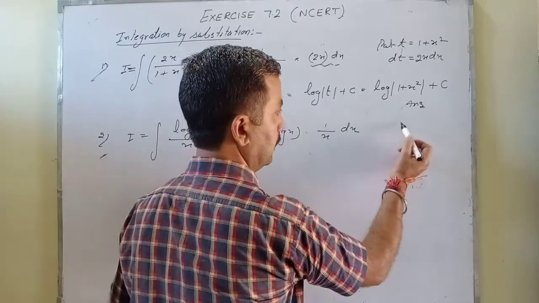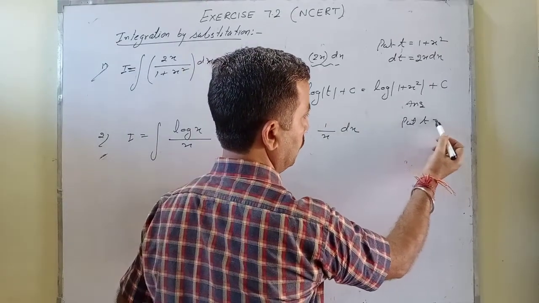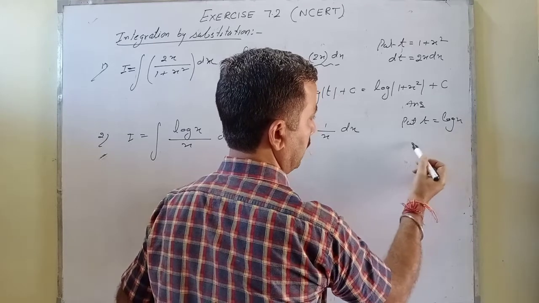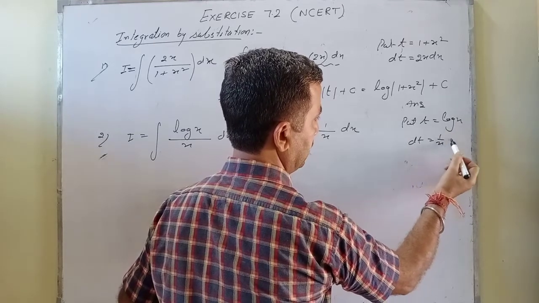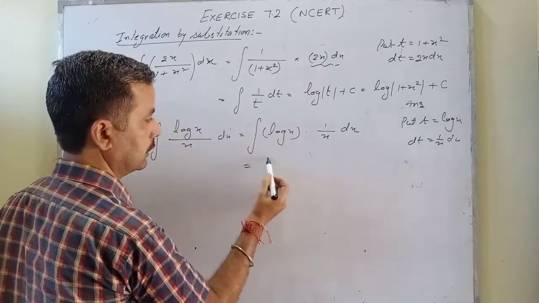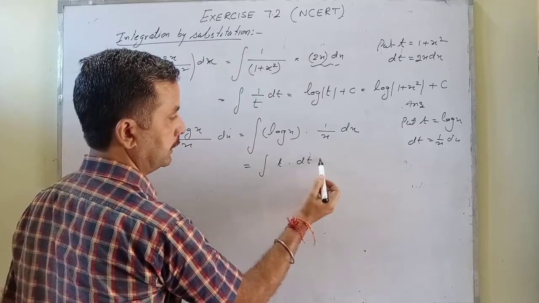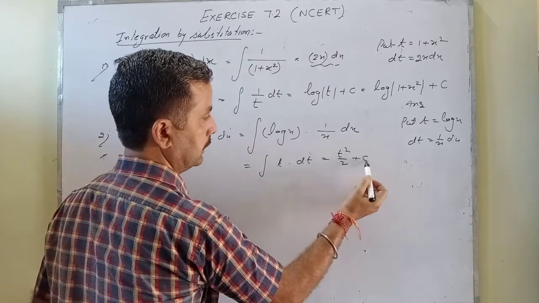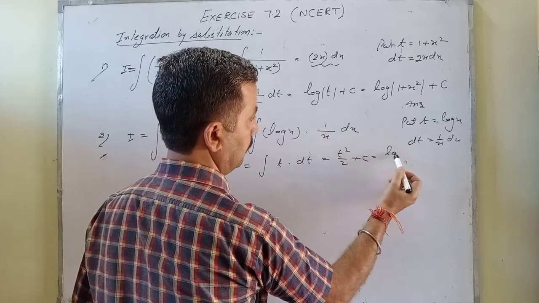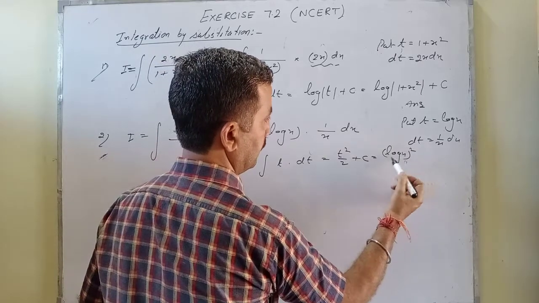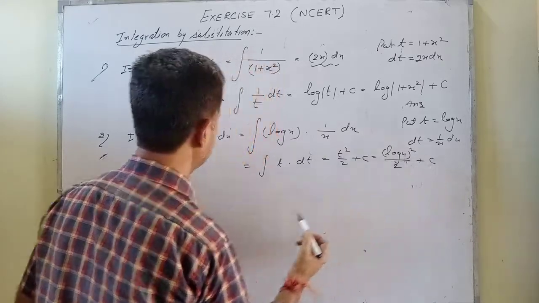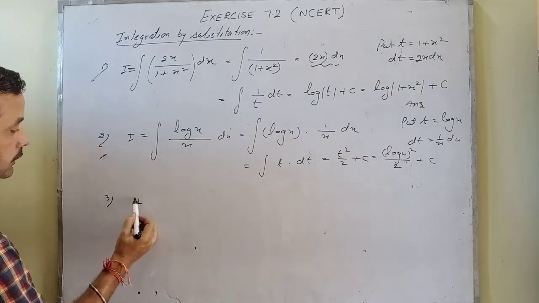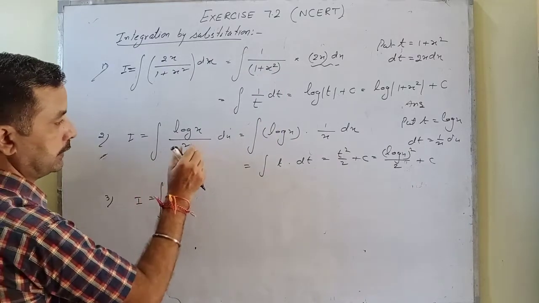So we put t equal to log x and dt is 1 by x into dx. So this question becomes t into dt, which is t square by 2 plus c. Now put the value of t: log of x whole square divided by 2 plus c. Let's pose one more question and we will make an extension of the same question.